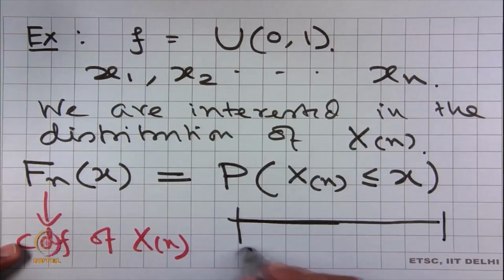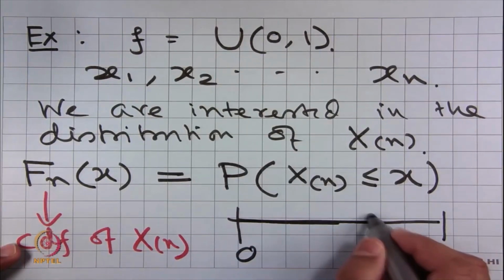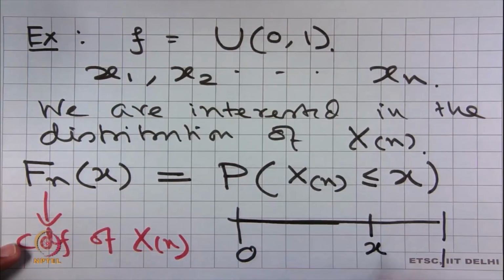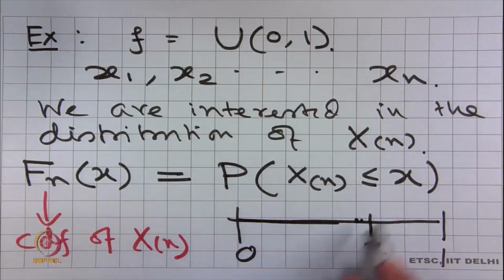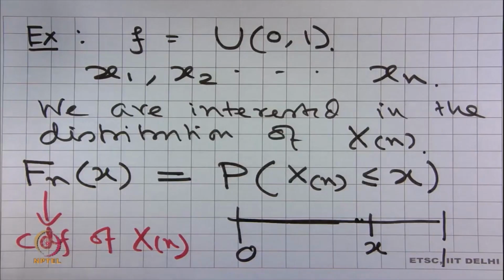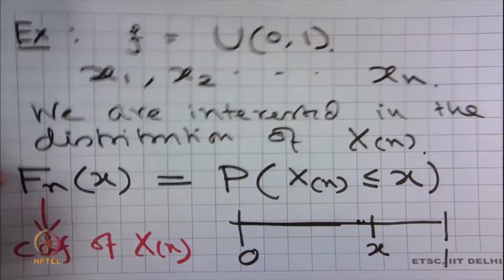Suppose this is 0 1 and this is x, and we have taken n samples, and we want the maximum to be less than or equal to x. What is the probability?